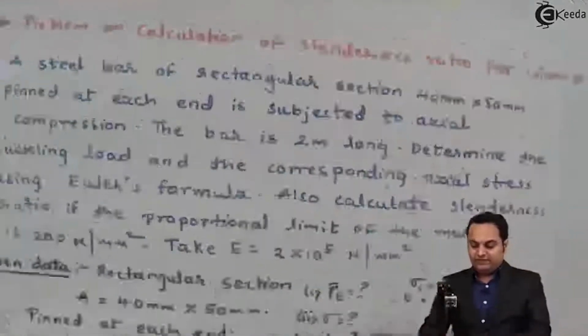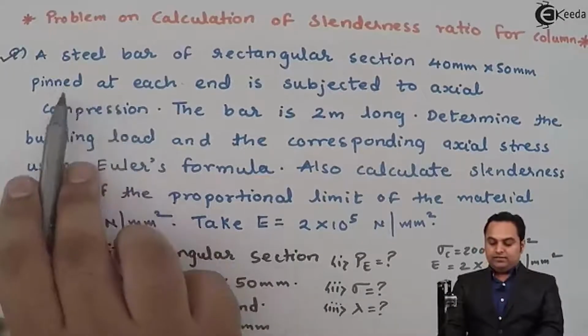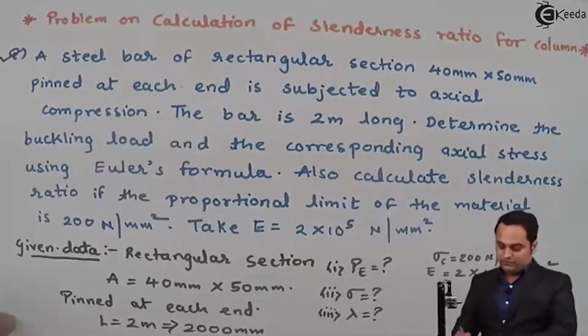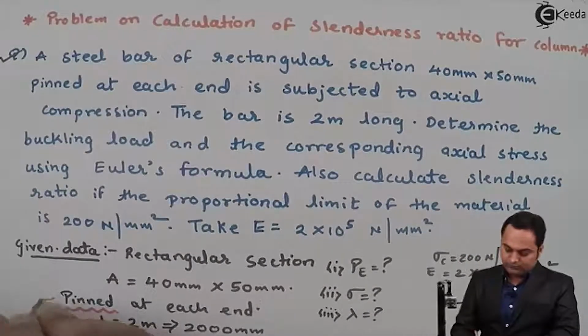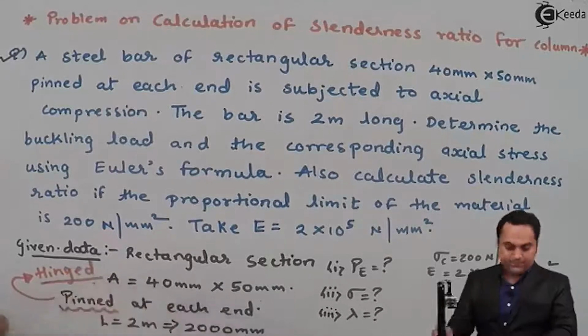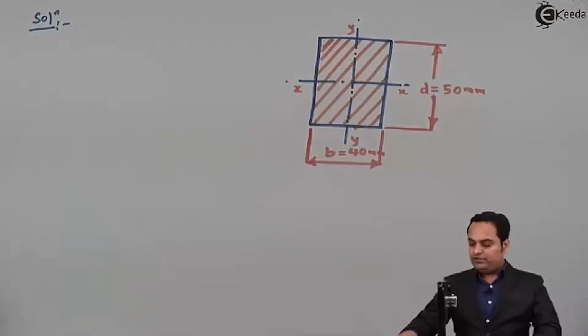Next, it was given that it is subjected to axial compression and the column was pinned at each end. See, pinned is another word for hinged. So here we have the column which is hinged at both the ends.